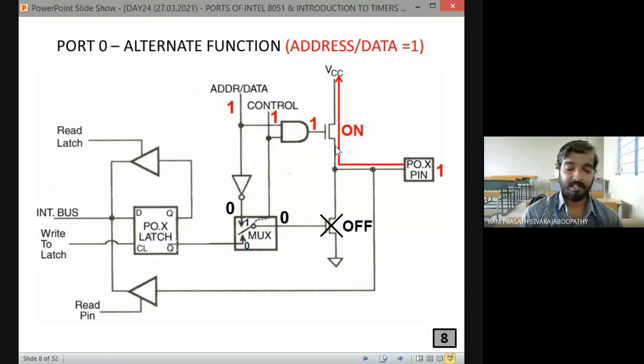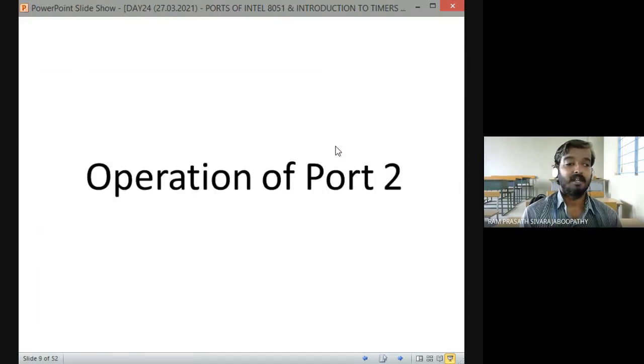Okay, fine, very good. Okay, now we are getting into the operation of port 2. Whether port 2 is also having an alternate function? Whether port 2 is having any alternate function? Yes, what about the alternate function?